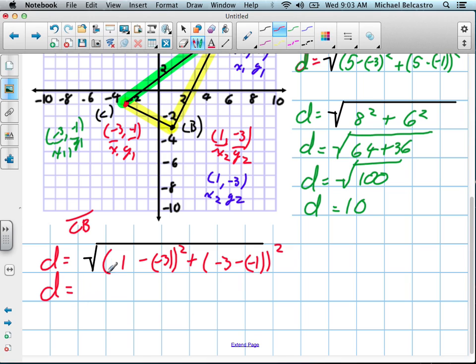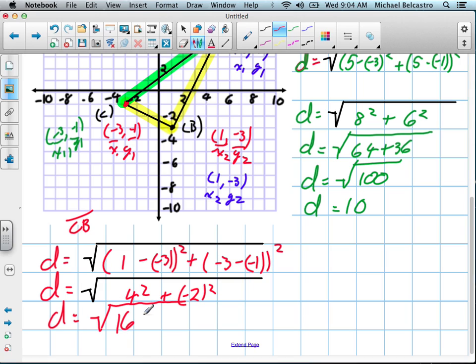We'll go through this quickly now. The root of, what is 1 subtract -3? 4. Good. And what is -3 subtract -1? -2. Yeah, it's -2. Squared. D equals 4 squared plus -2 squared. 4.